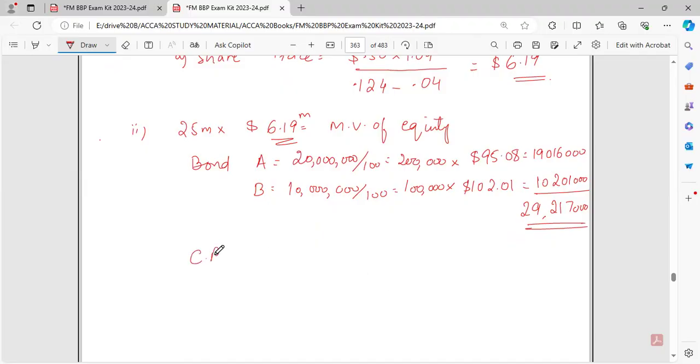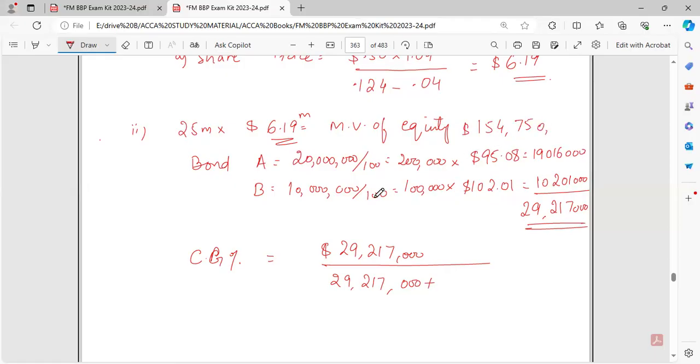Now capital gearing is equal to debt and what is the value of equity? 25 into 6.19, 154 million 750,000.